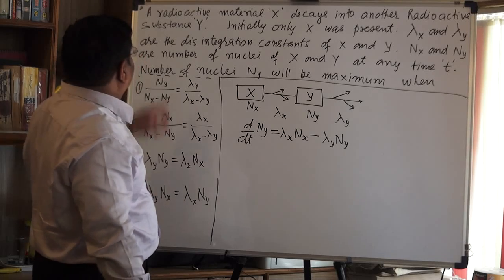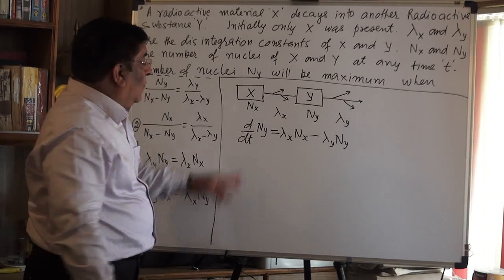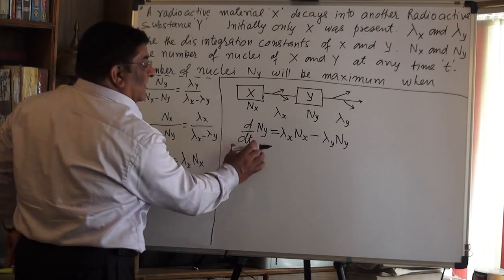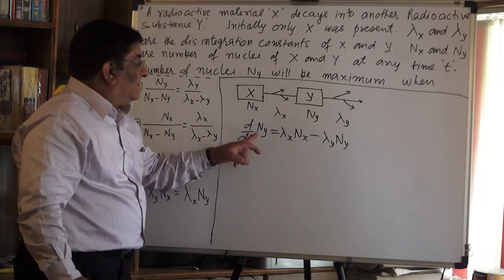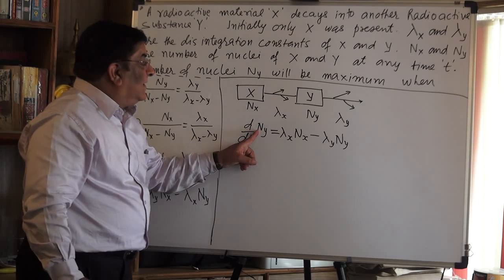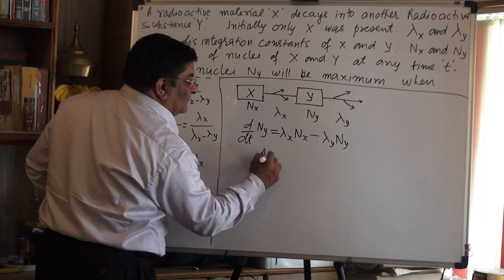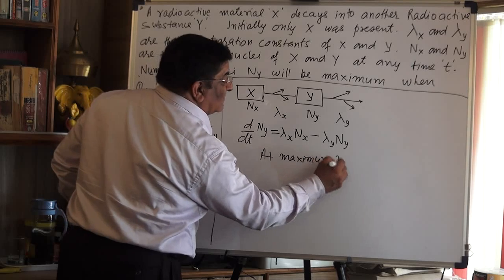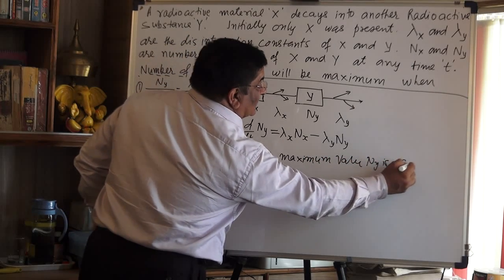Now what is being asked to us? The number of nuclei Ny will be maximum when? In differential calculus, we have studied maxima and minima, that at the maximum value Ny is constant.